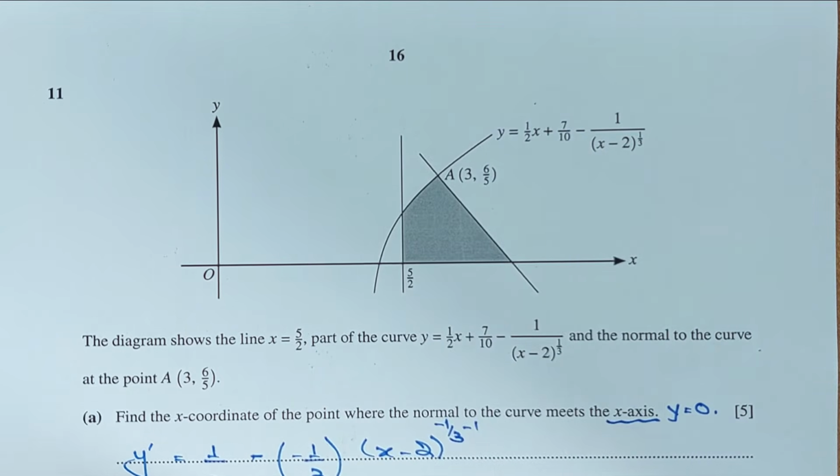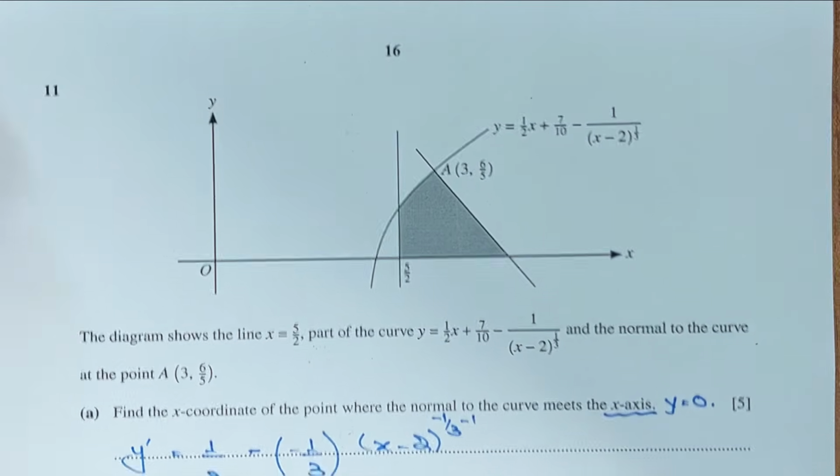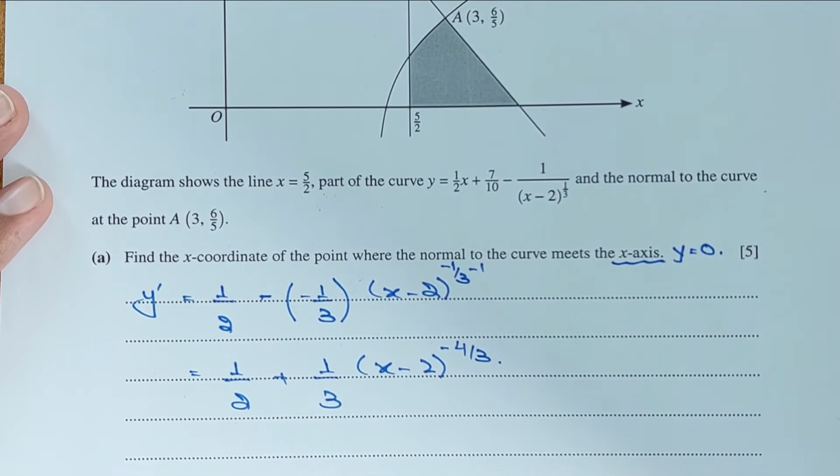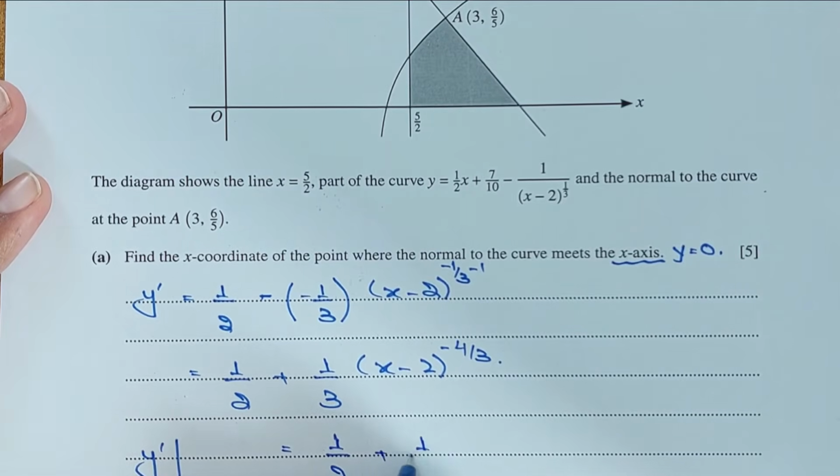Okay, so 1 by 2 plus 1 by 3 into x minus 2 to the power minus 4 by 3, right? This is the derivative. Now let me find the derivative at point A, right? So y prime at x equals 3 is 1 by 2 plus 1 by 3 into 3 minus 2, power is 4 by 3.